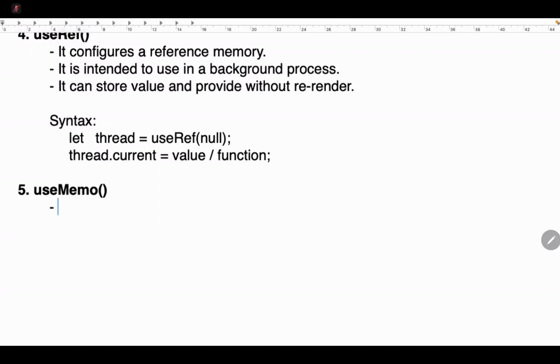In that cache memory, you can store some data so that if the same data is requested across multiple requests within a fraction of time, it will not get it from the server again. It will not mount your component again. Without re-rendering the component, it will bring the data from the cache and use it.